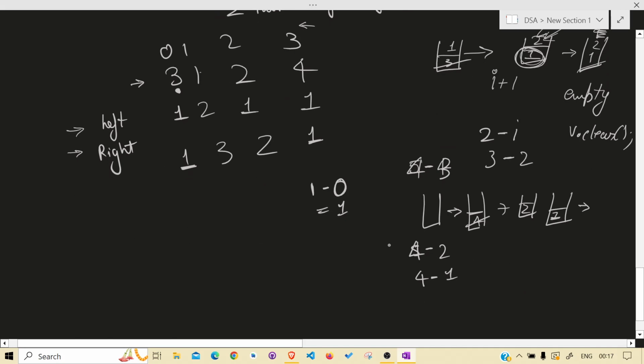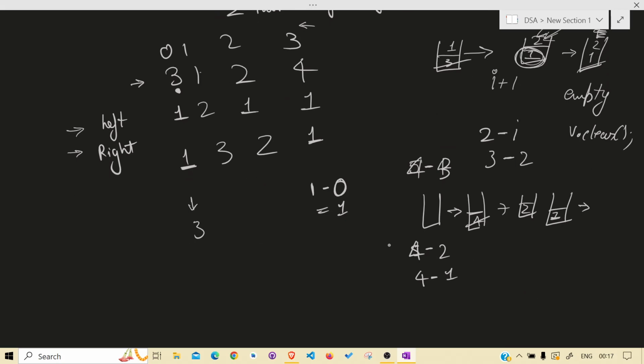Left into right: 1 into 1 into 3, 3. 6 into 1, 6. 4. 4 into... 4, 6, 10. 4 plus 3, 7. And that is 17.